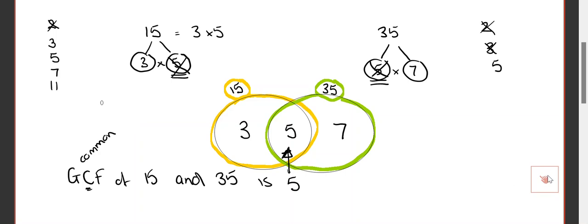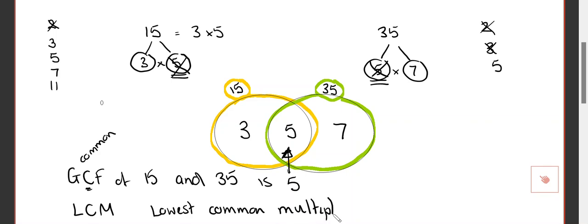Now, this is the slightly new bit, though some of you get it. Do you know what LCM is? Lowest common multiple. Do you all know what a multiple is?